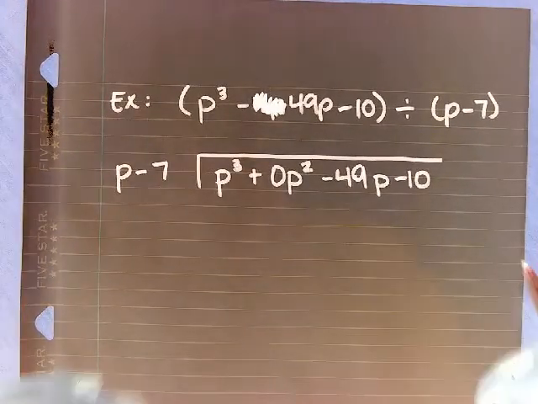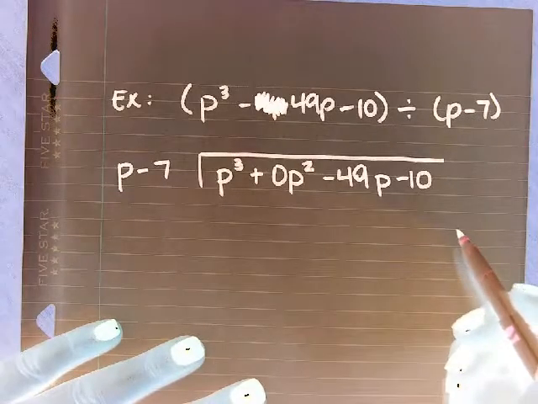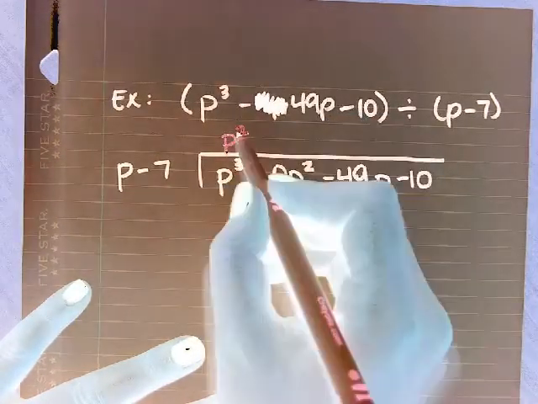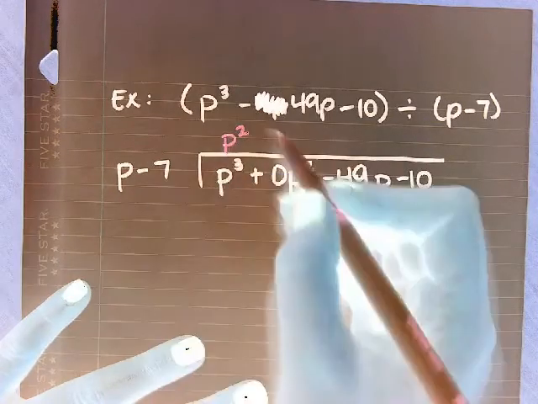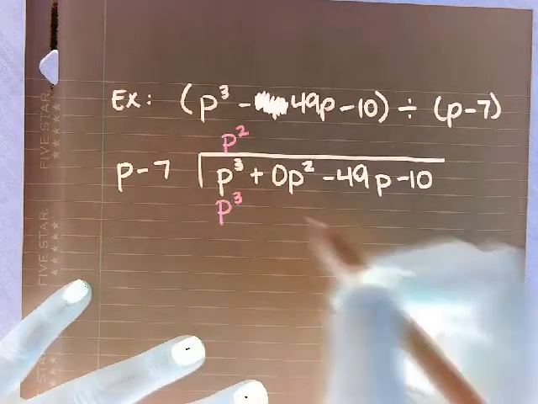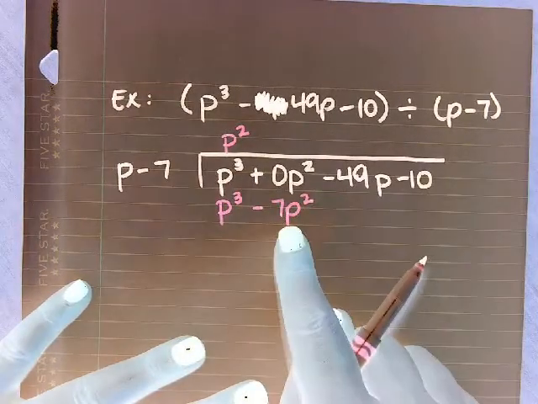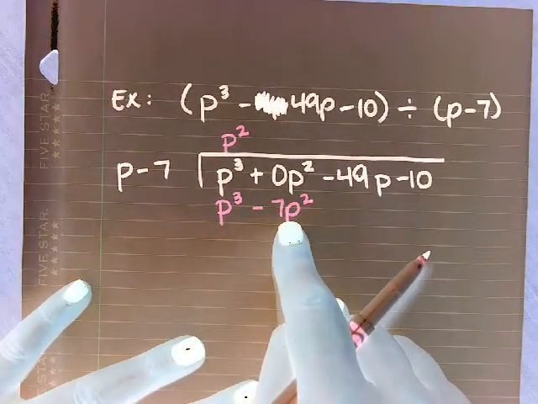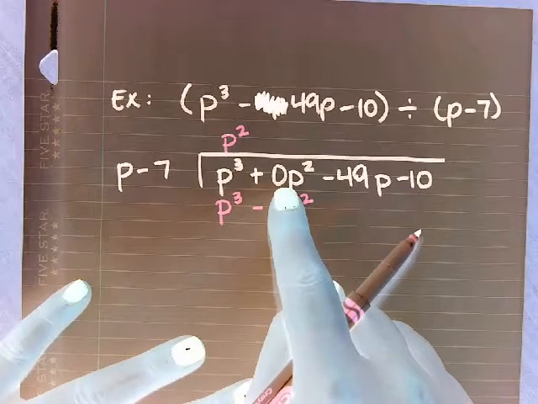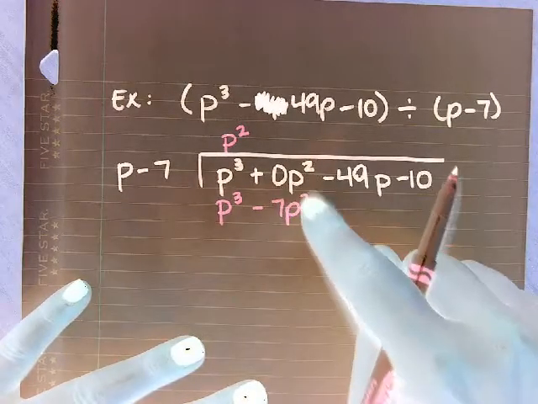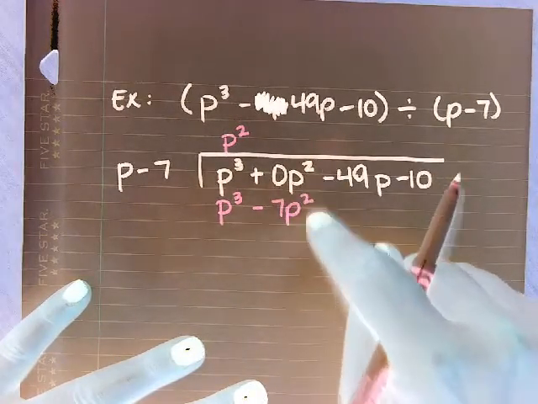Anyone want to share what they put on top? So p squared, when we multiply by the p in the front, we get p to the third, and we get negative 7p squared. And so this negative 7p squared is why we needed the 0p squared, because we needed to have a spot to put that when we multiplied.